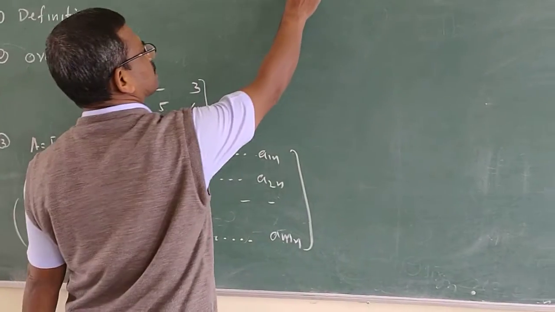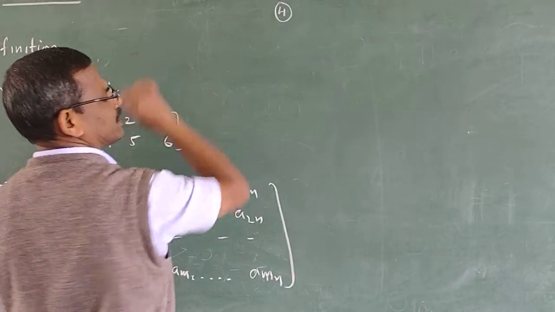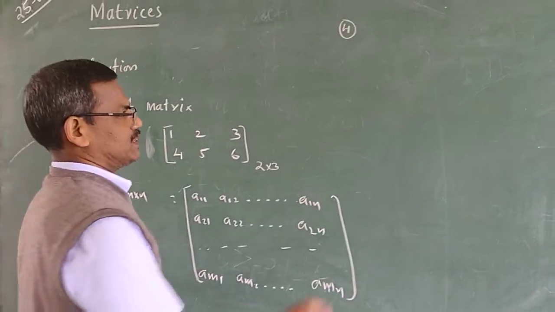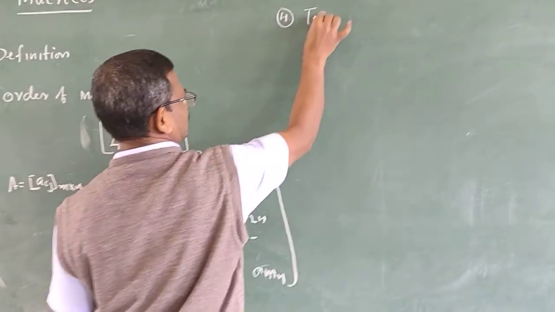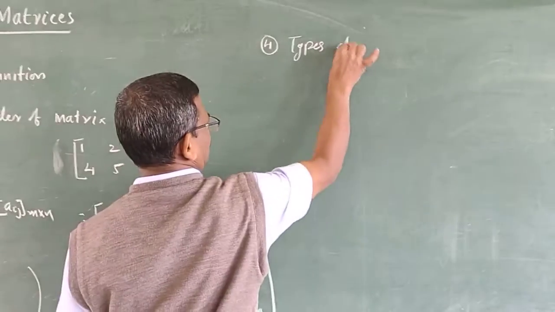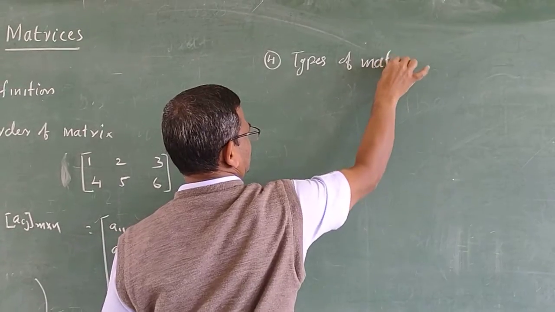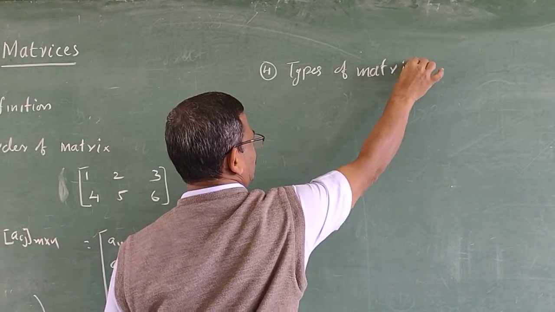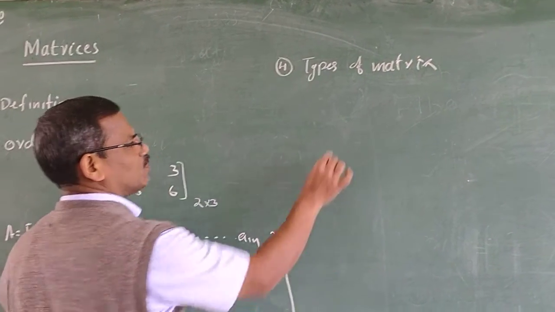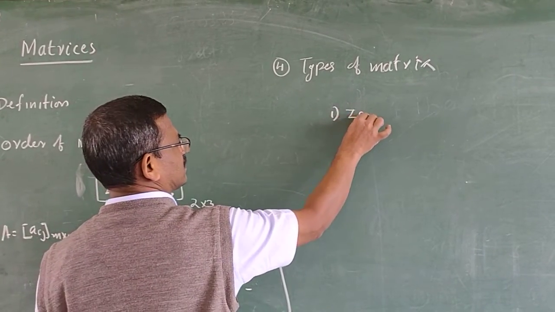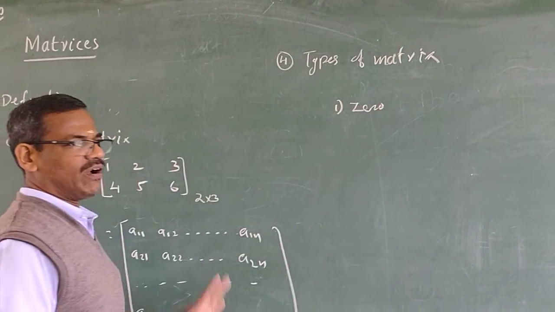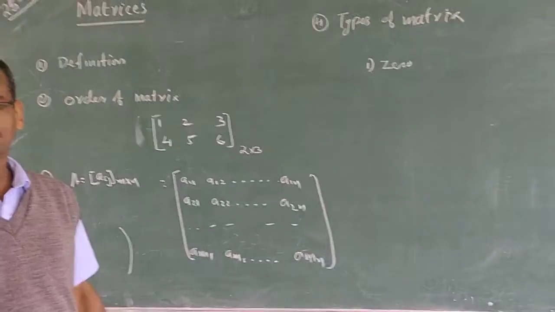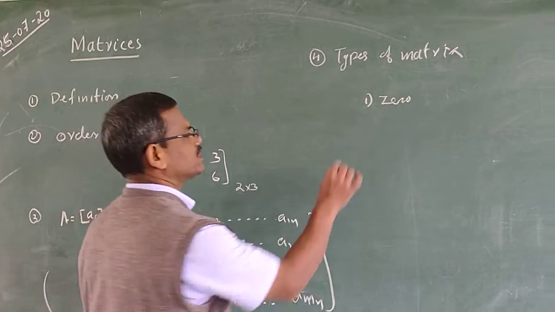And then the next point is about the types of matrix. What are the different types of matrix? One is the zero matrix. If all the elements of the matrix are 0, we call it a zero matrix.